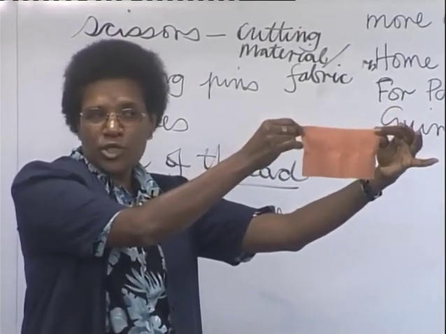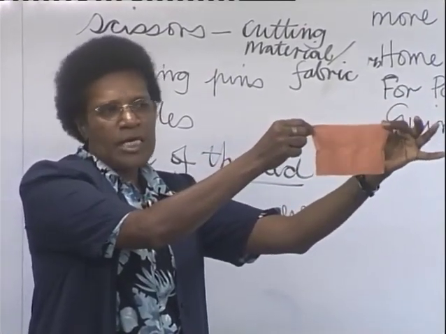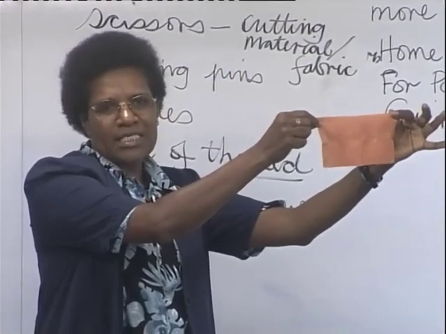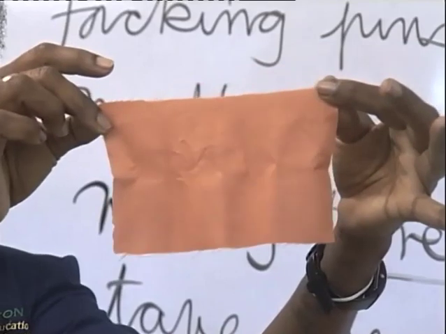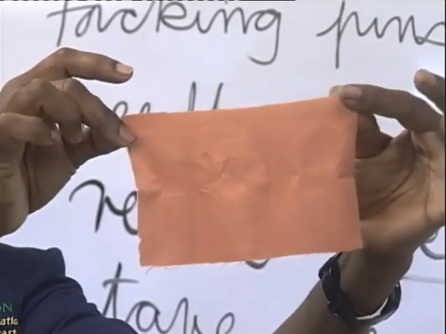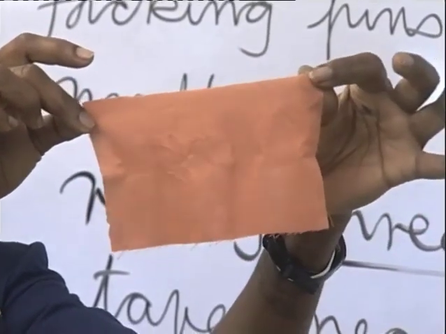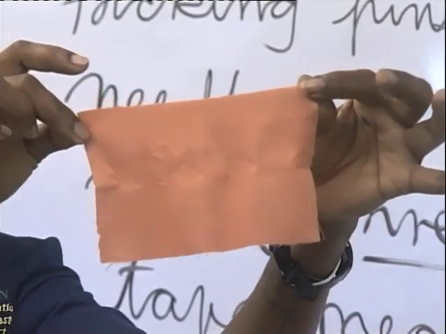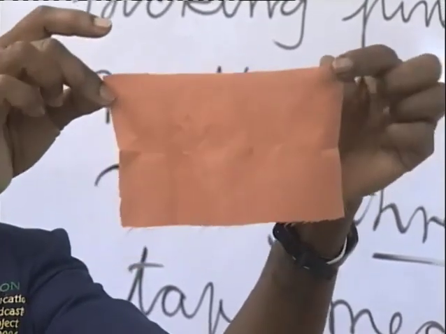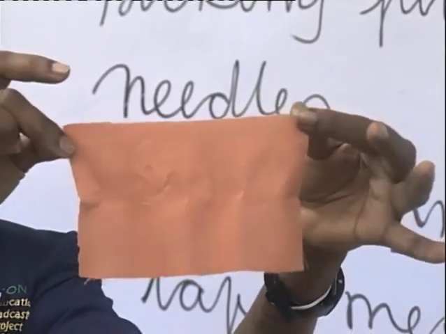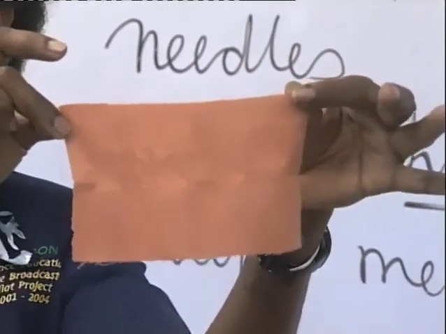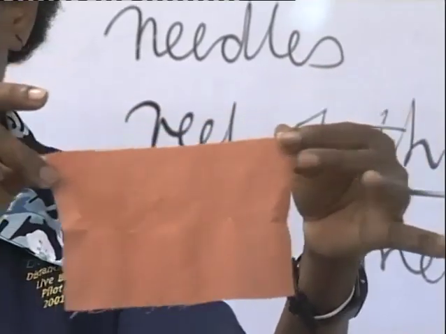So your students should come with a piece of fabric this size, and it is 15 centimeter by 10 centimeter. They will be using it to sew their samples of the back stitch.